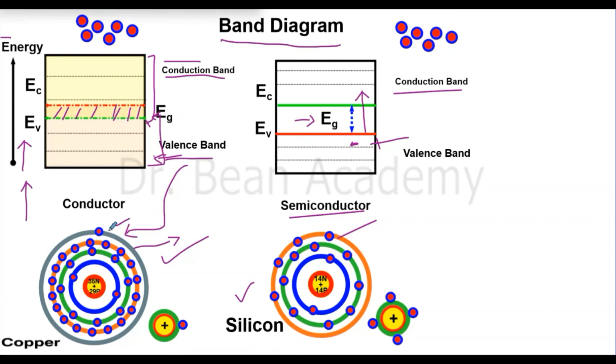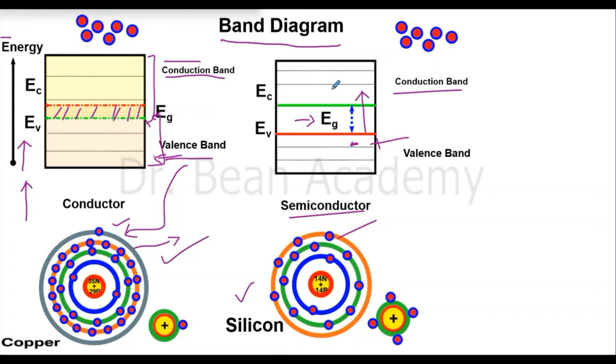So an electron in the valence shell or valence band is already in the conduction band. For the semiconductor, the conduction band and valence band are separated, and there is a gap, and we need to give external energy to the electron in the valence shell so that it can jump to the conduction band, and then it will start behaving like a conductor.